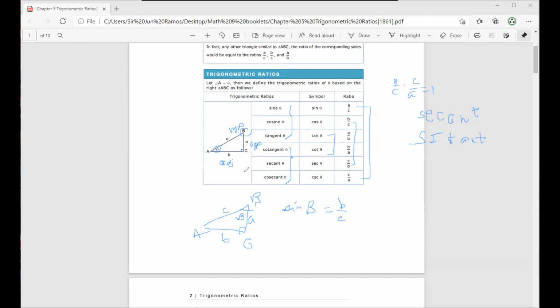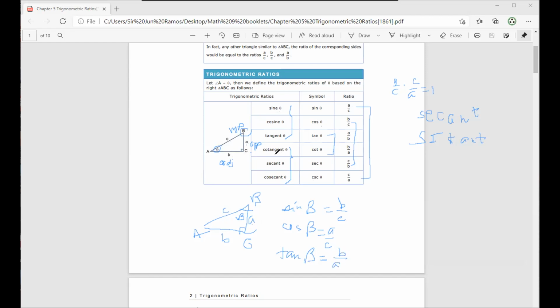Opposite over hypotenuse. Cosine beta. What will be cosine beta? This will now be the adjacent side. That will be adjacent over the hypotenuse. And the tangent beta is opposite over adjacent.